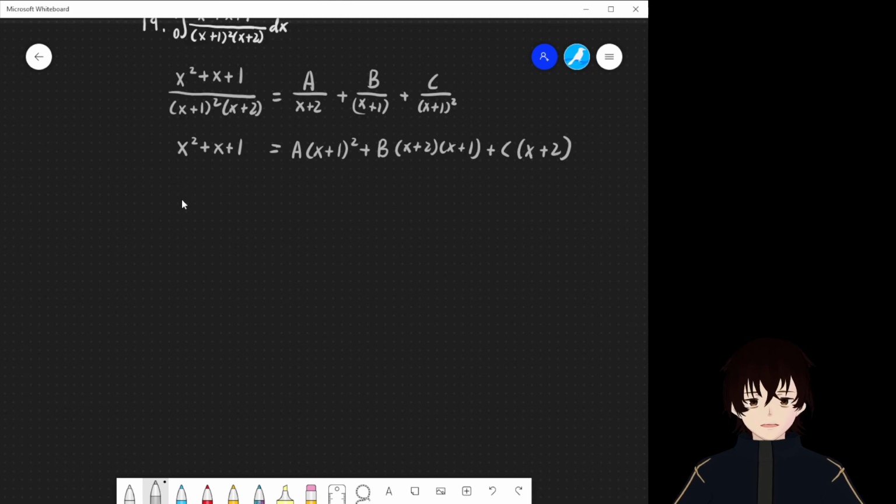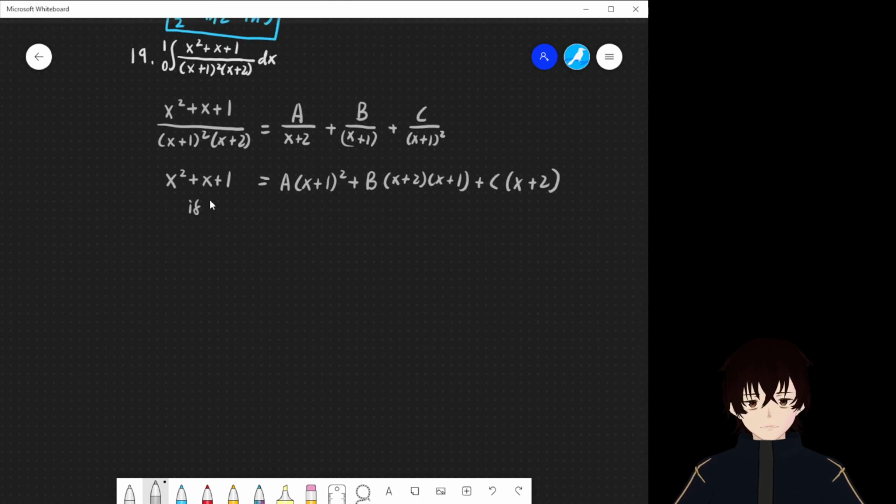Let's write this. If x equals -1 is a better choice.